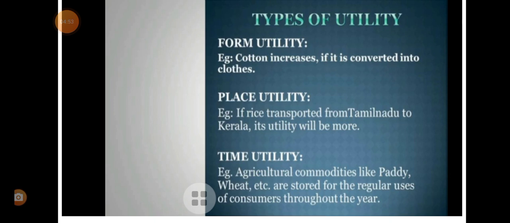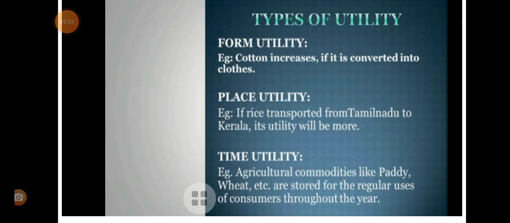The second type is place utility. Here another example is given, rice. Rice is transported from Tamil Nadu to Kerala. You all know Tamil Nadu produces more rice, isn't it? But Kerala has a shortage of rice. So rice has more money value in Kerala compared with Tamil Nadu.